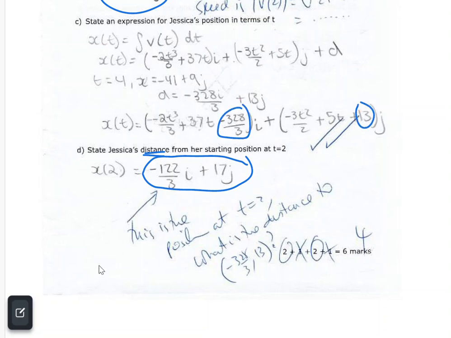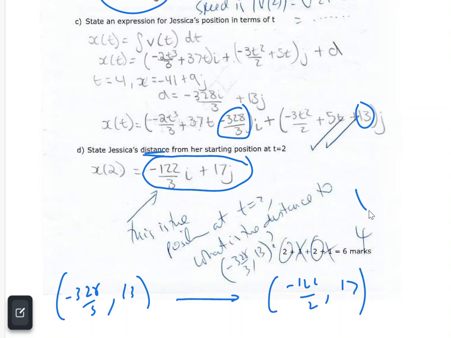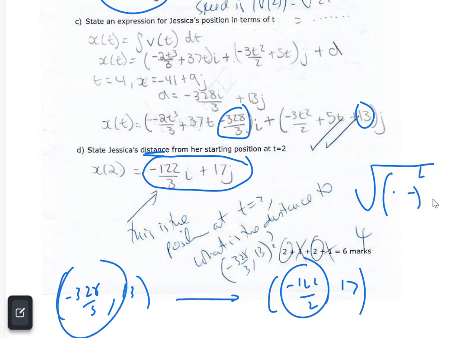So we're finding what is the distance between negative 3, 28 and 3 and 13 through until negative 1, 22 to 17. So use the square root of this one minus this one squared plus 17 minus 13, 4 squared.